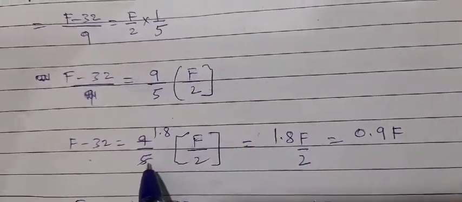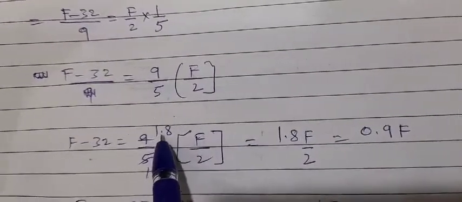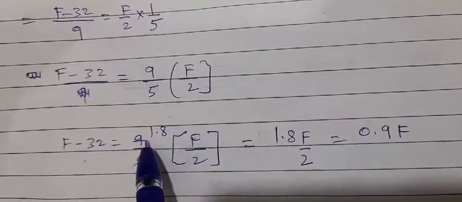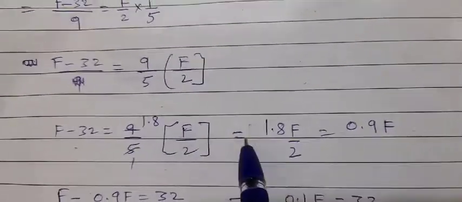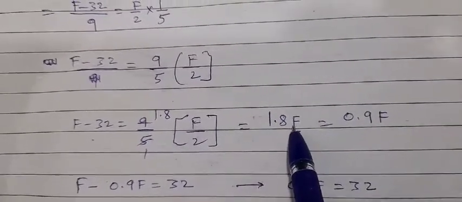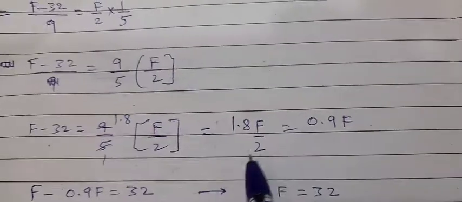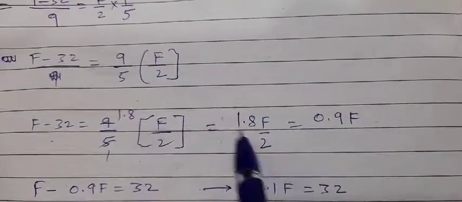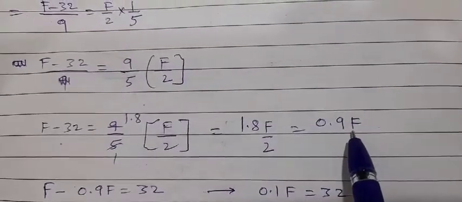So we divide 9 by 5, which is 1.8, so it becomes 1.8 F upon 2. We divide again by 2, which gives 0.9 F.